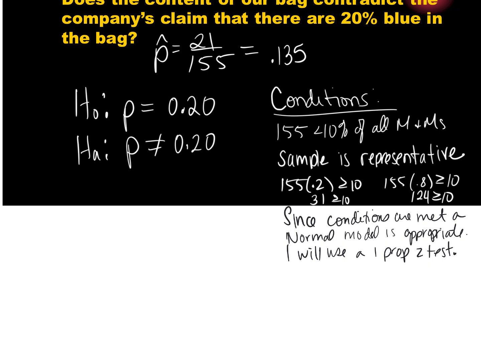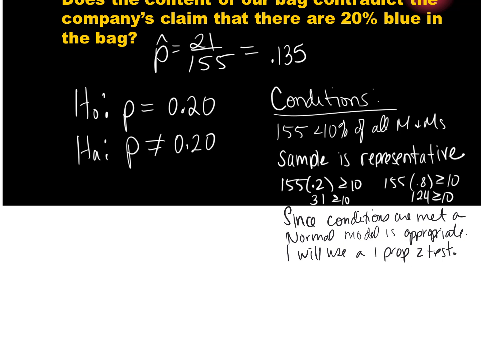Yes, the one you did on the quiz was the one proportion z-interval. Okay, and then next chapter we talk about error, what can go wrong. We talk about setting that level where we'll always use that number to decide to reject or fail to reject. And then the next chapter we do the two proportion z-test and z-intervals.